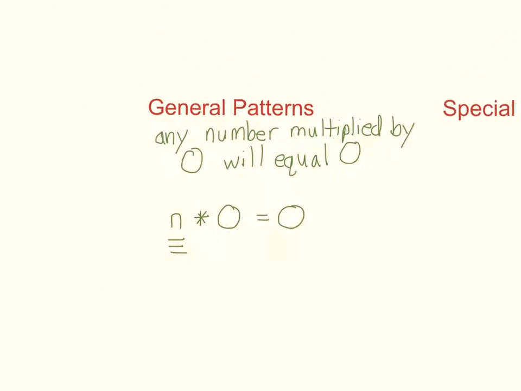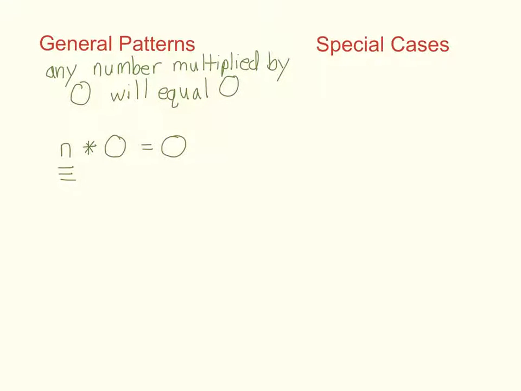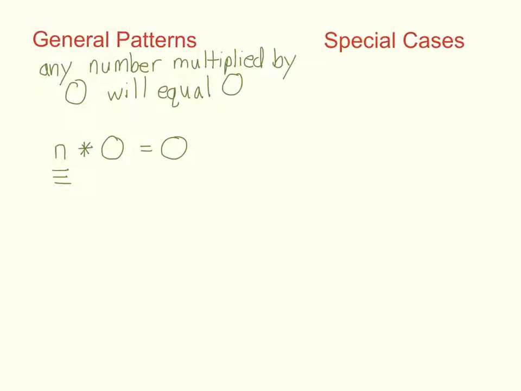Now within general patterns there are things called special cases as well. A special case of this number pattern is when I get specific and actually use numbers. I'm going to plug in actual numbers to test this general pattern. For my variable, let's just try 3. So 3 times 0 equals 0.